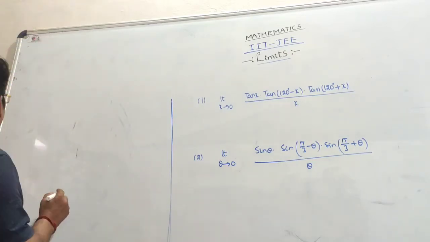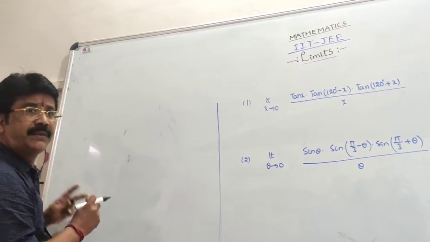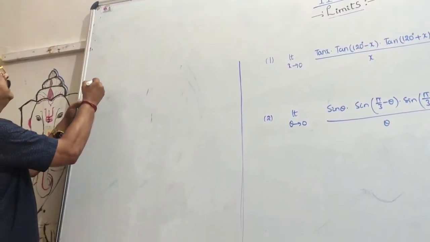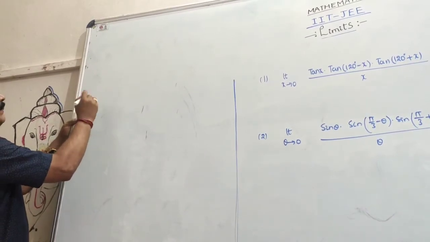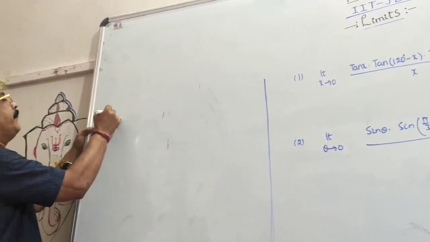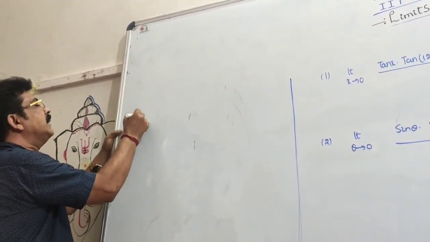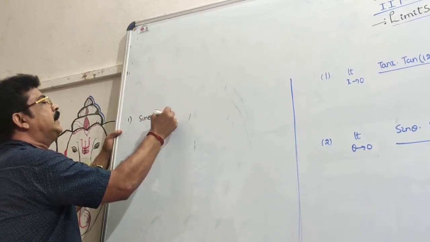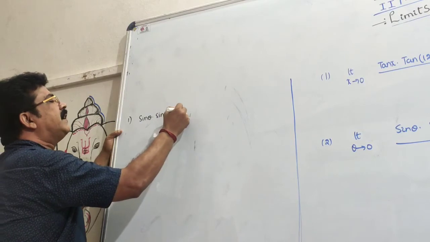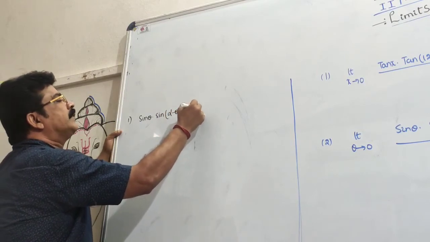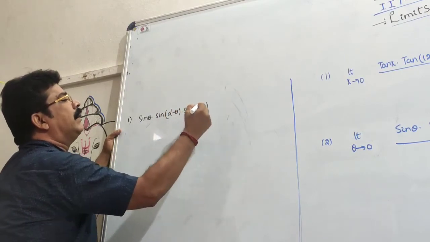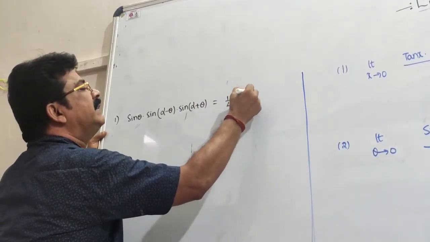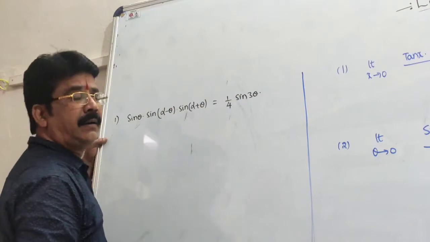It will take a lot of time in the examination hall. That's why it is better to remember some standard formulae, very easy formulae. Don't worry about that. Limit first, trigonometry. Number 1, sin theta into sin of (alpha minus theta) into sin of (alpha plus theta) is equal to 1/4 of sin 3 theta.